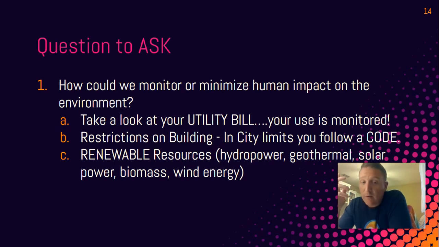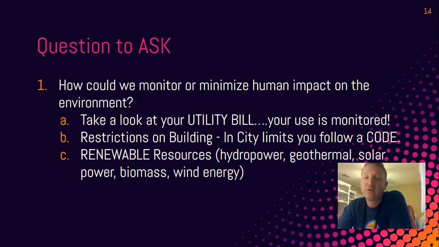Think about C, renewable resources. Those are actually ways that we have been able to minimize human impact, using renewable resources, things that are renewed at a very accessible rate. Like hydropower is water. We know it cycles, but we also know like what kind of water are you going to use?